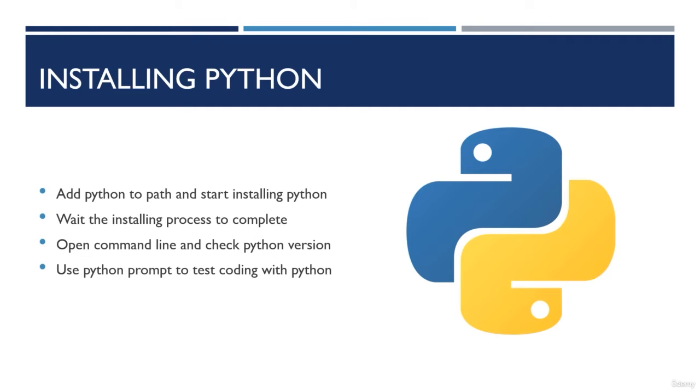Also, you can use the Python prompt on the command line to test coding with this language. Just open the command prompt or terminal on the operating system you are using, type python and hit enter or return, and this will open the Python prompt, so you can type, edit, and execute any Python code directly on the command prompt or terminal without any complication.